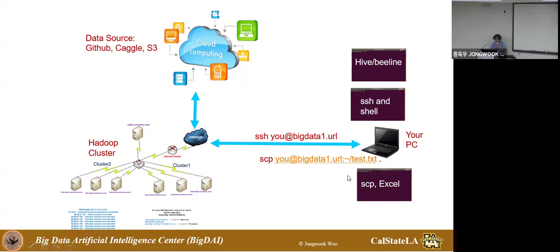Suppose your home directory has a file named test.txt. The home directory can be specified using the tilde character, the wave character, and slash. So tilde slash means I want to look at my home directory. Then, if you have a file named test.txt there, you can transfer this test.txt using scp to your current directory by using a period.